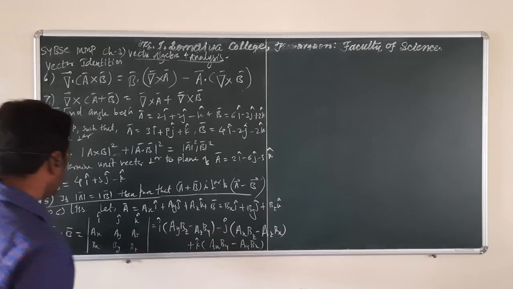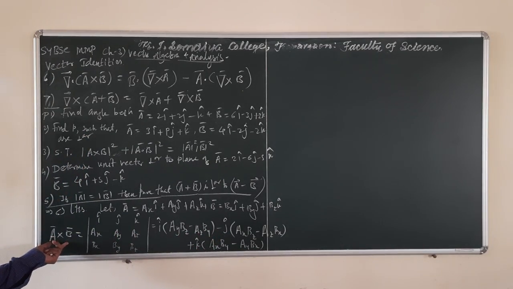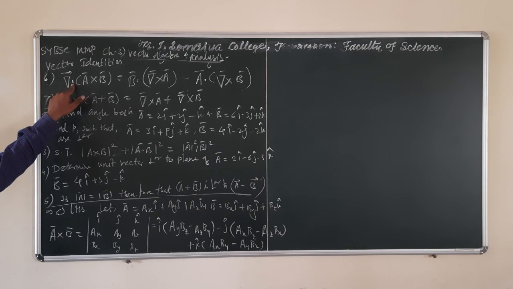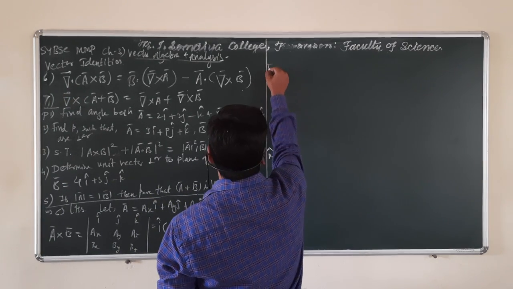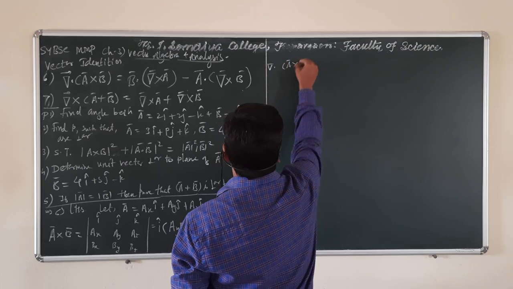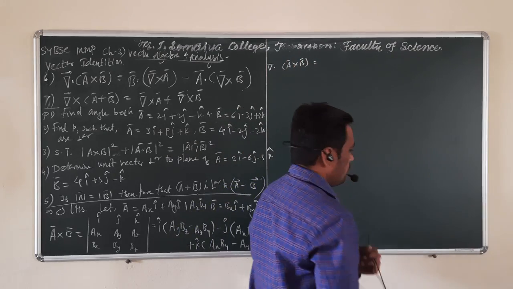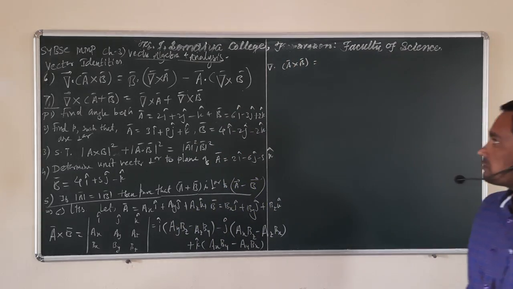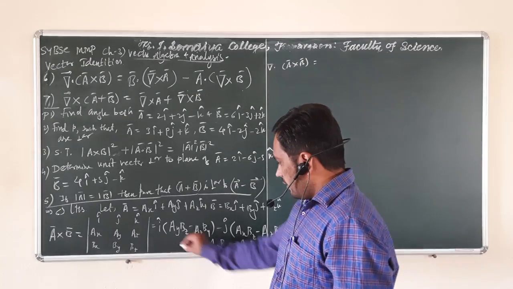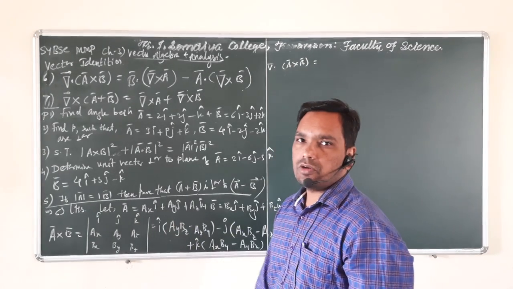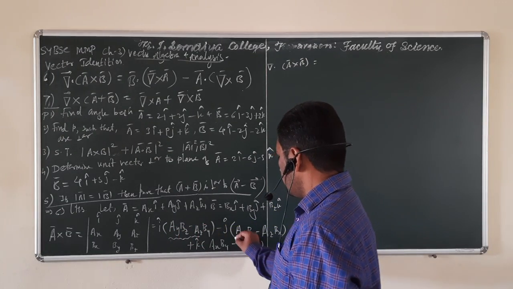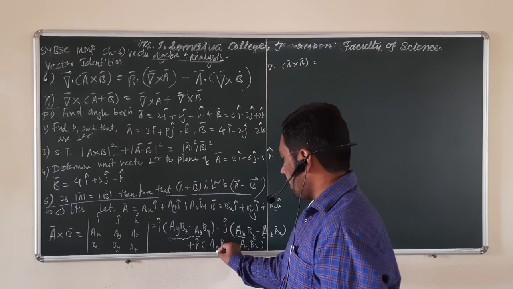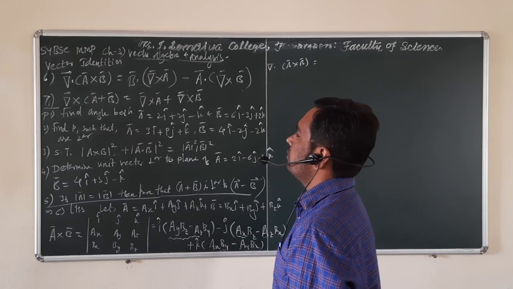Now on the left hand side we have to take the dot product of a cross b with the del operator. So this is the divergence of a cross b. So del dotted with a cross b is equal to, from the definition of divergence, the derivative of the first term with respect to x, the second term with respect to y, and the third term with respect to z.